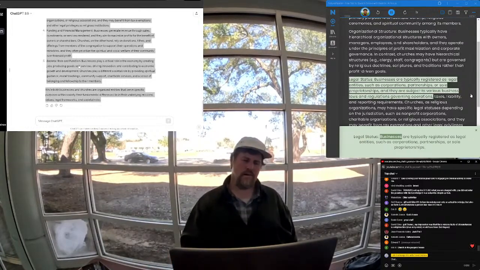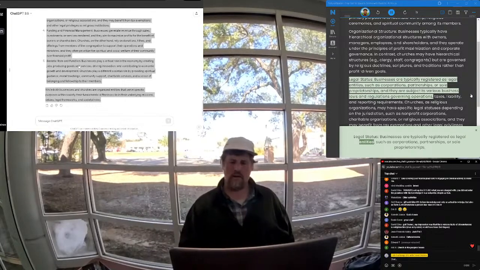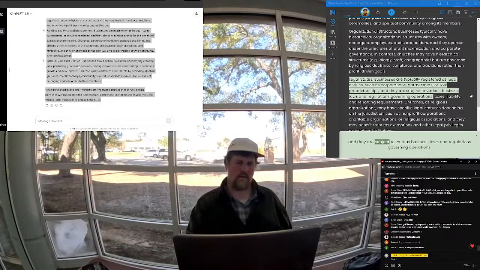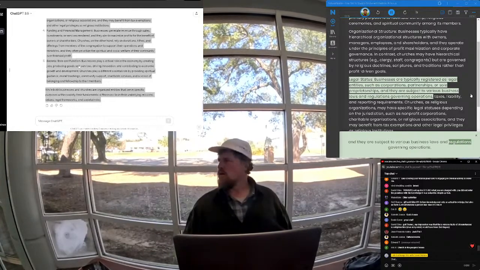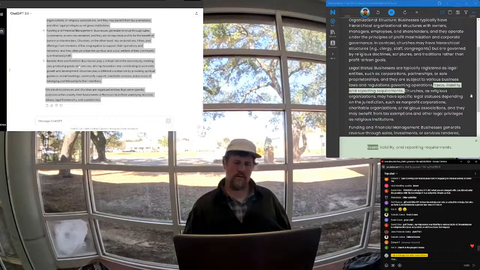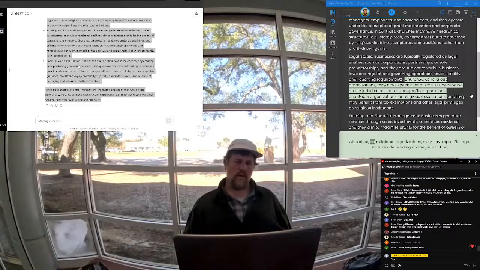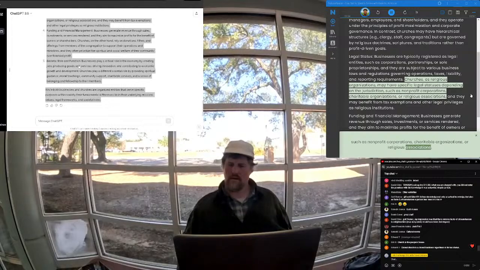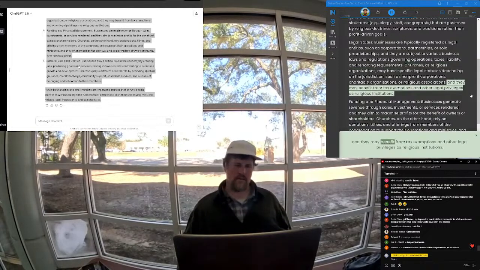Legal status: businesses are typically registered as legal entities, such as corporations, partnerships, or sole proprietorships, and they are subject to various business laws and regulations governing operations, taxes, liability, and reporting requirements. Churches, as religious organizations, may have specific legal statuses depending on the jurisdiction, such as nonprofit corporations, charitable organizations, or religious associations, and they may benefit from tax exemptions and other legal privileges as religious institutions.